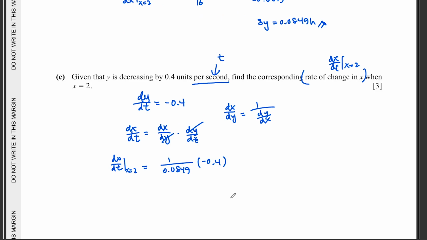So negative 0.4 divided by 0.0849, you can type into your calculator, you should get negative 4.71. The units are not so important in this mathematics module, but the units will be units per second, corresponding to the time derivative of y.